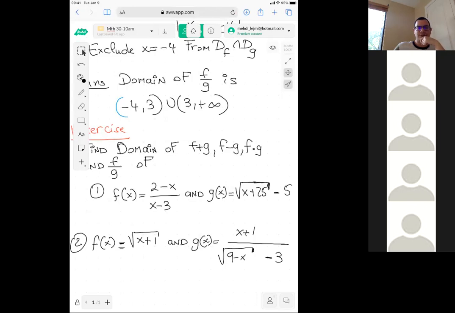So the domain of f is going to be negative 1 to positive infinity. The domain of g would be minus infinity to 9, less than 9. I think you're probably right.